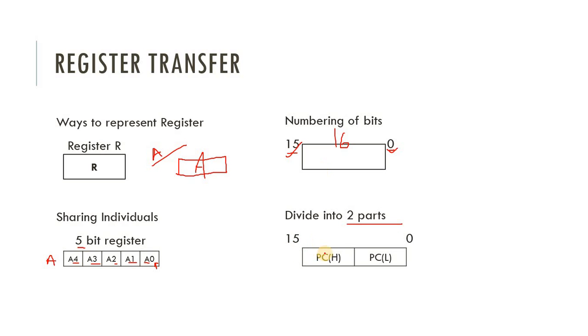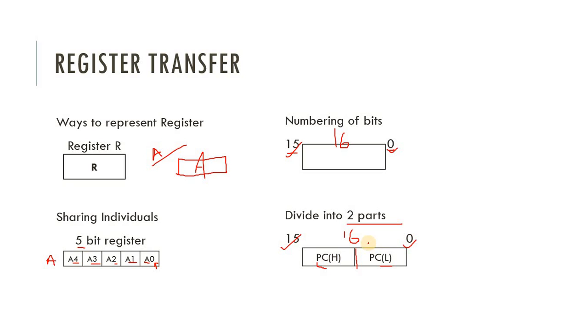Two parts means, this is a 16-bit register, so the first index is 0 and the last is 15. Now we divide this register into two parts, a lower part and a higher part. We can represent it as program counter in bracket L and program counter in bracket H. Here L represents the lower order bits and H represents the higher order bits.